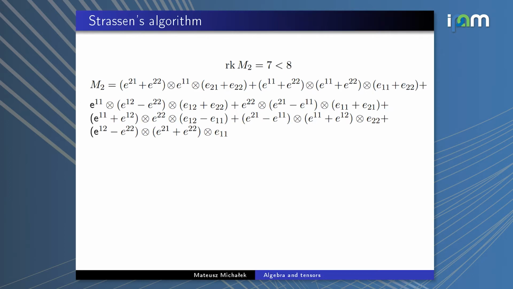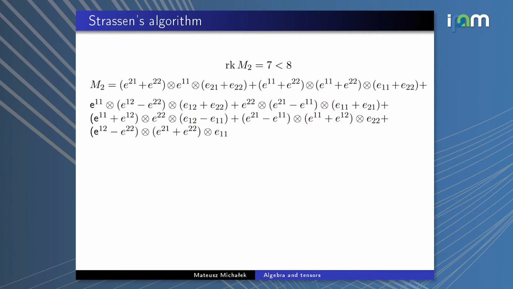I would like to stress why I call it Strassen's algorithm: because you can read the right-hand side as an algorithm. Very precisely, it says, take the 2-1 entry of the first matrix and add to it the 2-2 entry of the first matrix, multiply it by the 1-1 entry of the second matrix, and put the result into the 2-1 entry of the result matrix and the 2-2 entry of the result matrix.